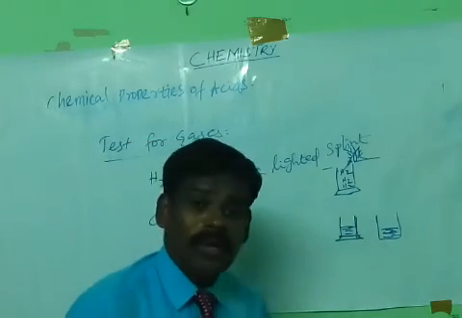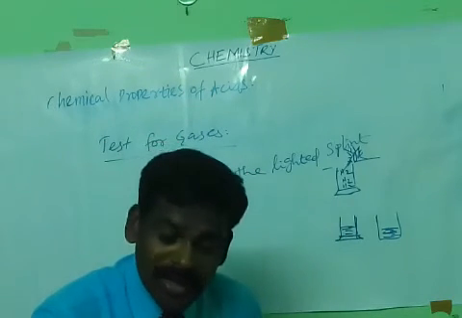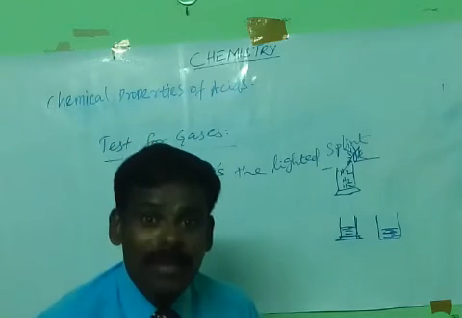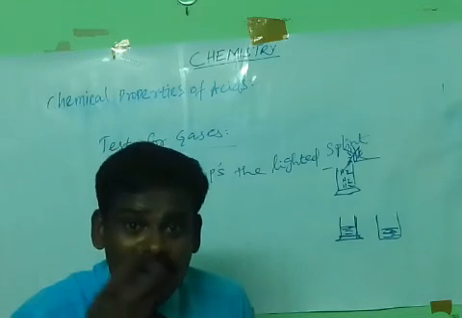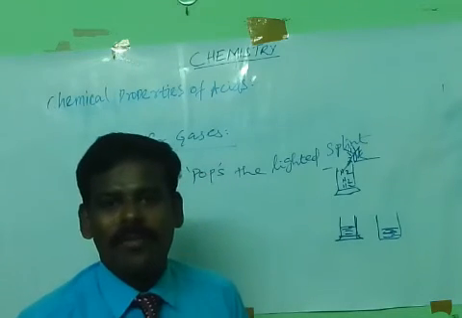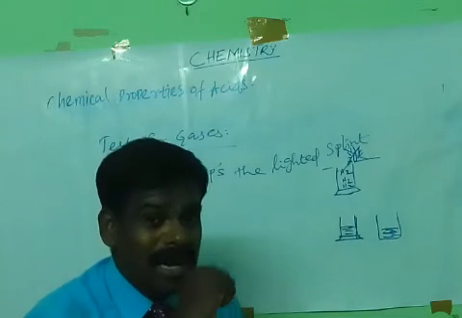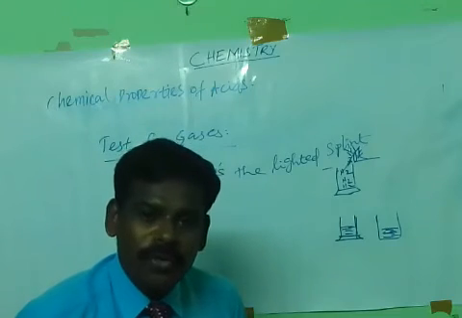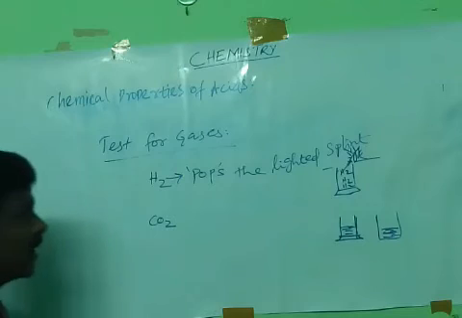So this experiment you can do at home. Take a small piece of lime, dissolve in water, have a straw and blow air, just bubble it, blow air into that. So the carbon dioxide from your mouth, when it goes into this lime water, you will notice the lime water will turn into cloudy or milky. Why? It is due to the formation of calcium carbonate. Yes, this is what is going to happen.